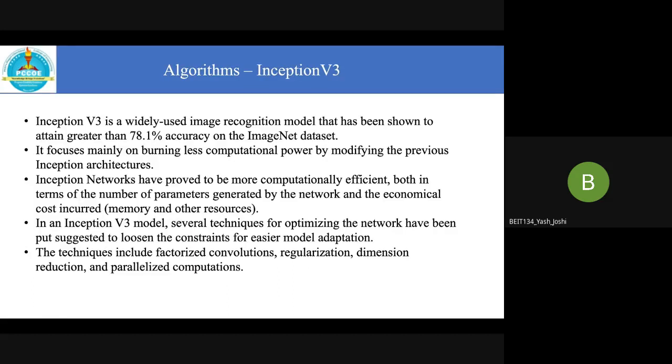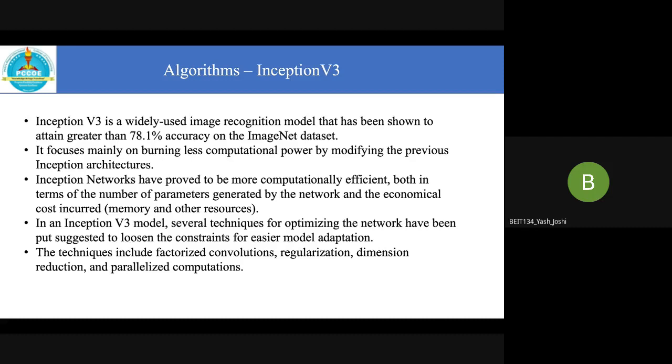Talking about Inception V3, it is a widely used image recognition model, and it attains greater than 78% accuracy on ImageNet dataset. Our main aim was to use transfer learning, wherein some of the initial layers of the Inception V3 extract features from the images, and then we add our dense layers to convert it into a two class output.